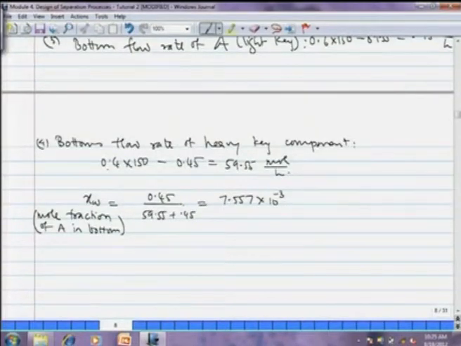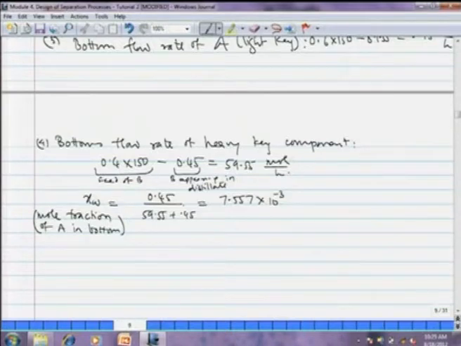This is the total feed of B minus the B appearing in distillate, and the remaining fraction goes to bottom, 59.55 mole per hour.